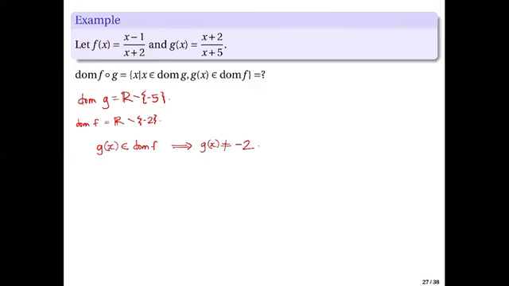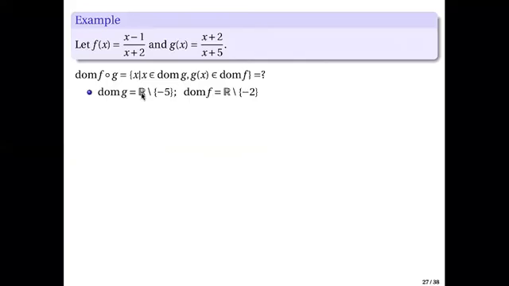So we solve this. What x will make g -2? Once we found that out, we remove it. Okay? So let's see.